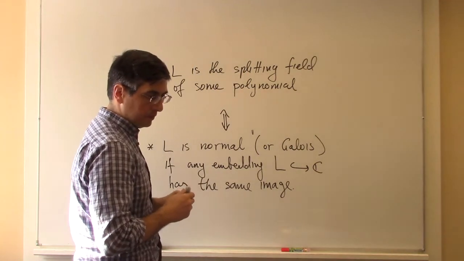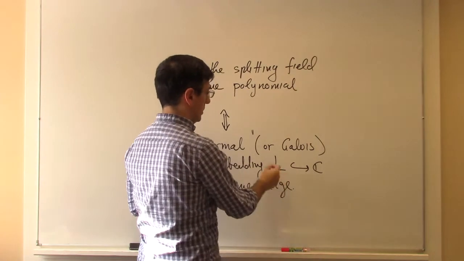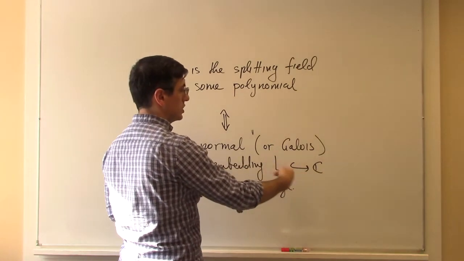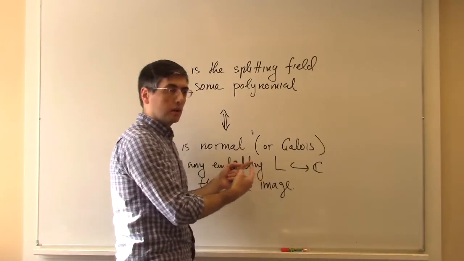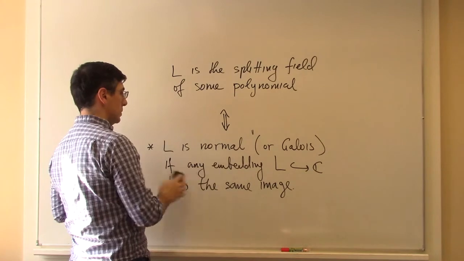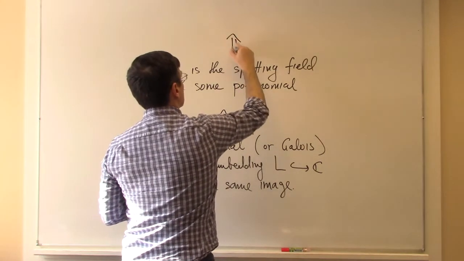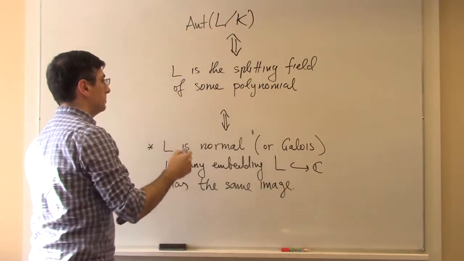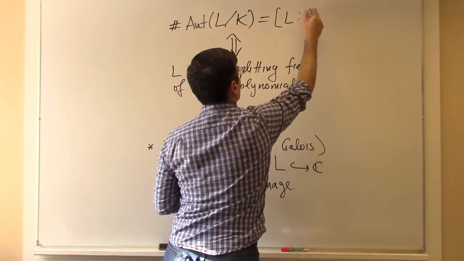All right. So all these embeddings, if you're fixing some, assuming that we fixed an embedding of K into C, then all these embeddings are just automorphisms of L. So they move the elements of L around, but they are fixing the elements of K. So then, assuming this, you get another condition. So this is equivalent to saying that automorphisms of L that fix K, the number of those is equal to the degree.